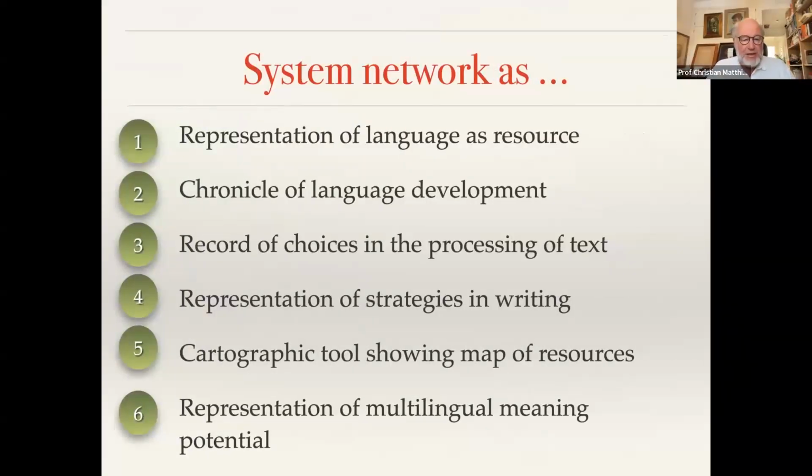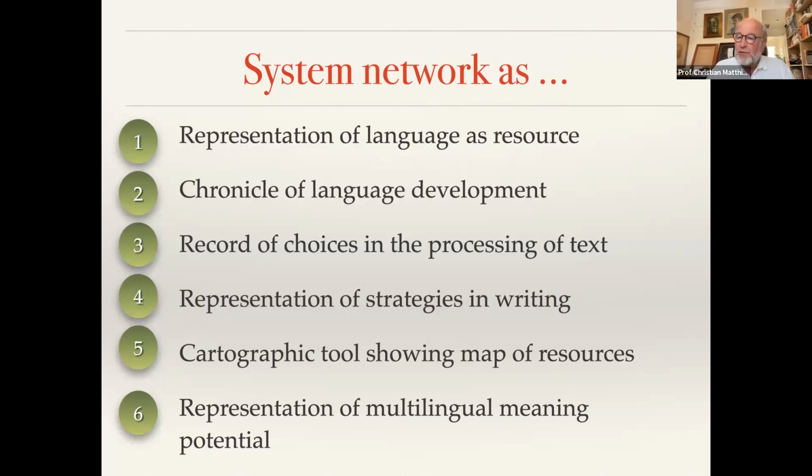The plan for today is 6 steps. First, the representation of language as a resource using system networks. Then the chronicling of language development using early language development as an example. Then the recording of choices in the unfolding of text, in the processing of text, choices in system networks.